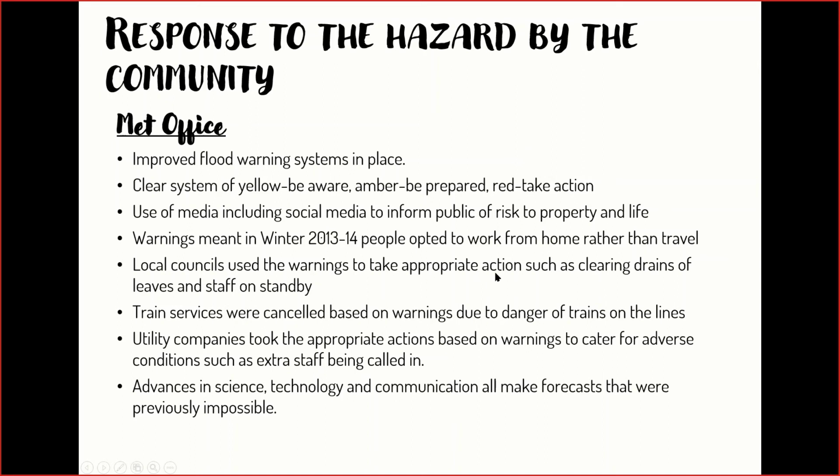Cleared drains of leaves, got staff on standby, got sandbags out to where they were needed, so the local councils were mobilised. They cancelled train services as a result of those warnings, due to the danger to the train lines. Utility companies, trying to deal with those power cuts, not that it had happened yet, but anticipating them and lines coming down, got staff on call for that.